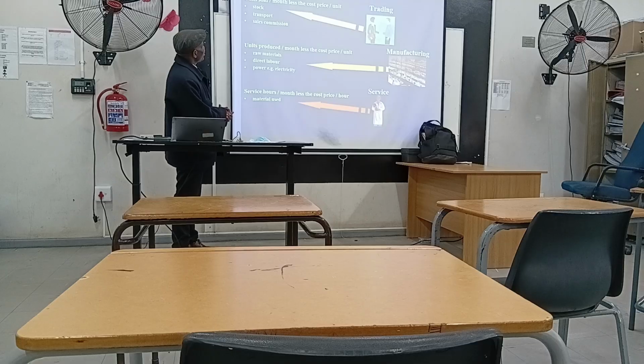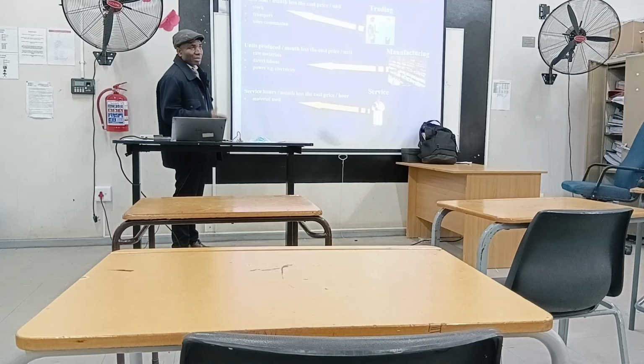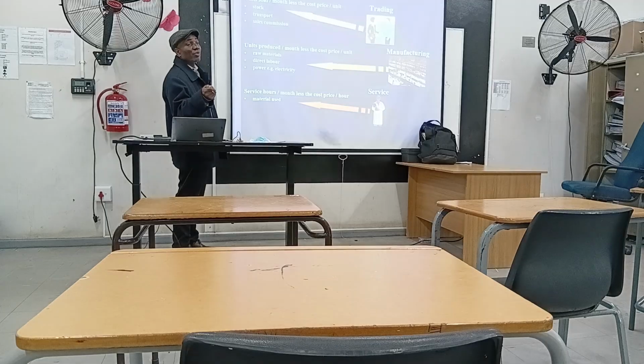In terms of trading, units sold per month less the cost of sales. So what we are trying to say is what makes up the cost for somebody that is trading, for example, buying stock to resell. The cost of the stock is part of the cost of sales, because when you go and buy from Makro, you are going to pay for those goods.